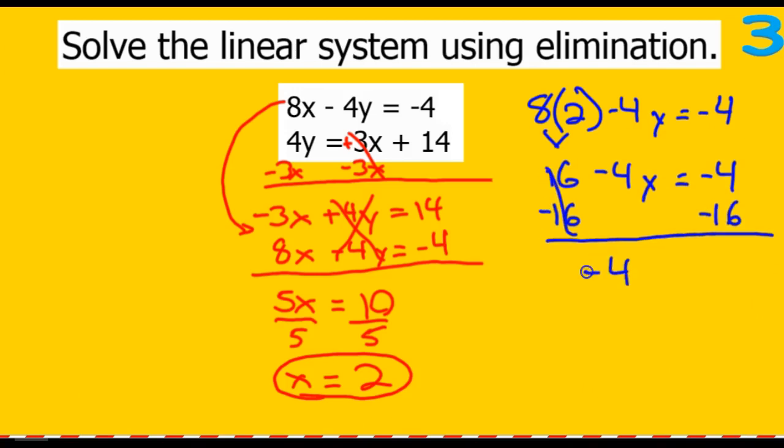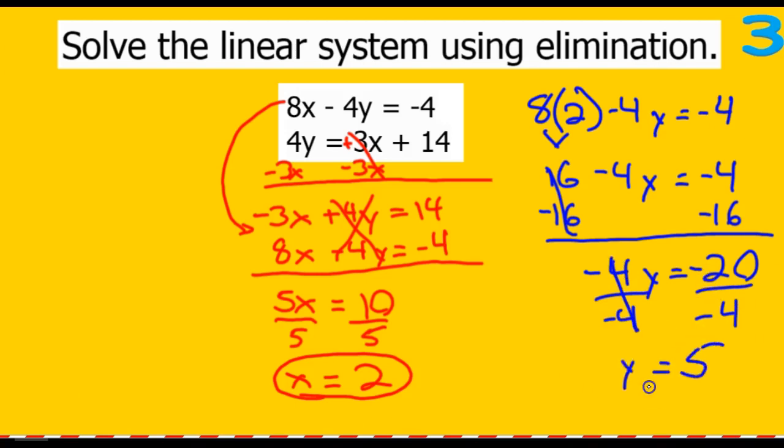And we get negative 4y equals a negative 20. Finally divide by negative 4. And y equals a positive 5. So our solution then is 2, 5.